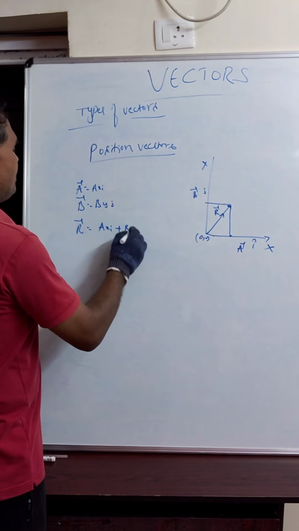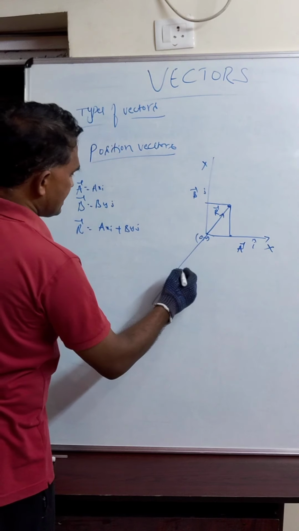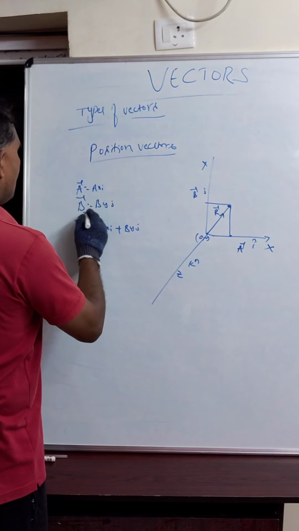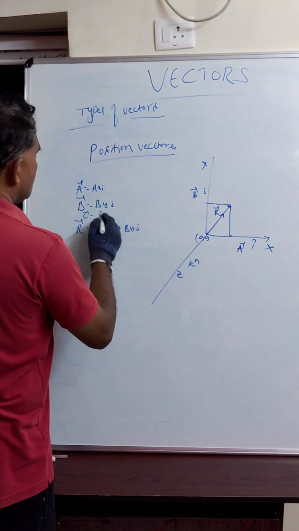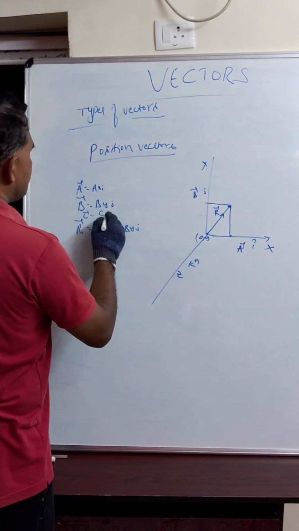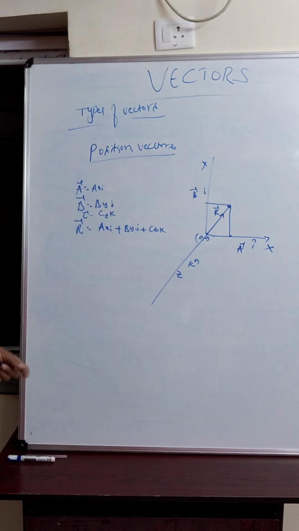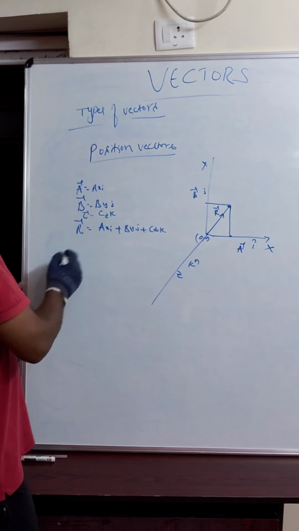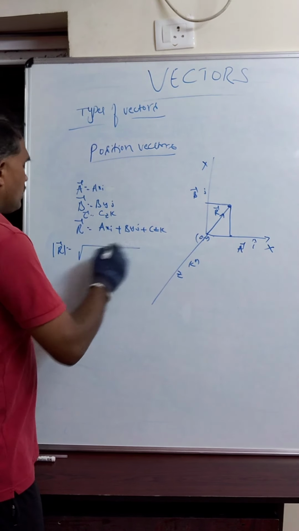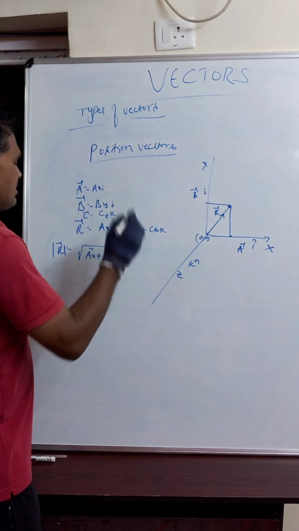ax i plus by j. In three dimensions, if you take the z-axis, the unit vector is k cap, and c bar is equal to cz k. Then the modulus of r bar is equal to the square root of a squared x plus b squared y plus c squared z.